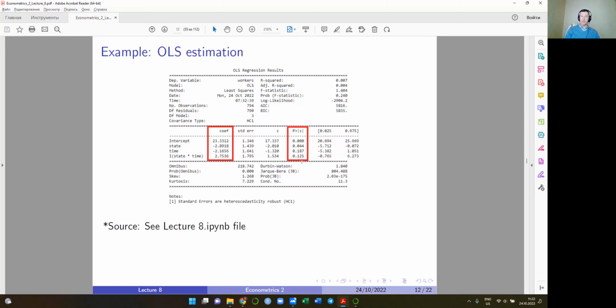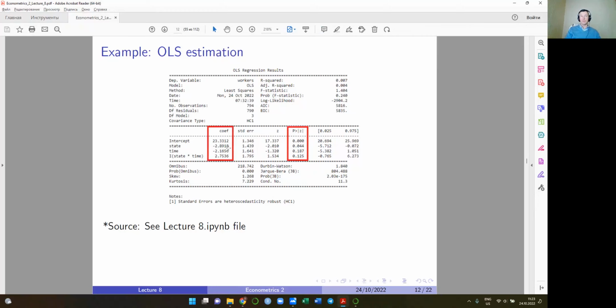They estimated another specification of the model. And of course, there might be a biased estimate here if we don't include the control variables. But for our class, it is enough, because I just wanted to illustrate the logic of the difference in differences estimator. The logic is very simple.